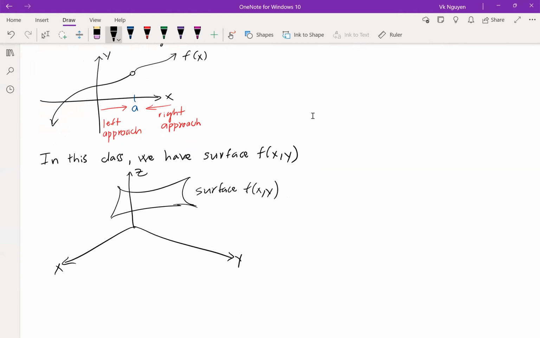So this surface here, it will have a domain. See, the domain is the projection of the surface onto the xy plane. Let's just call it here, right? Yeah, that's the domain.